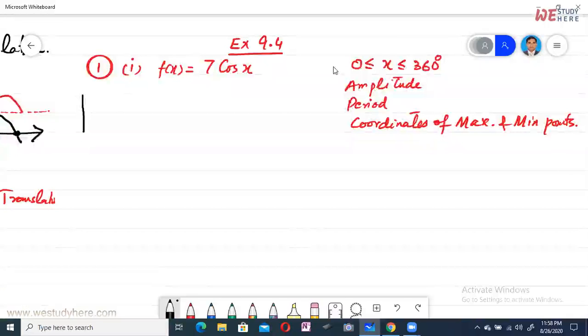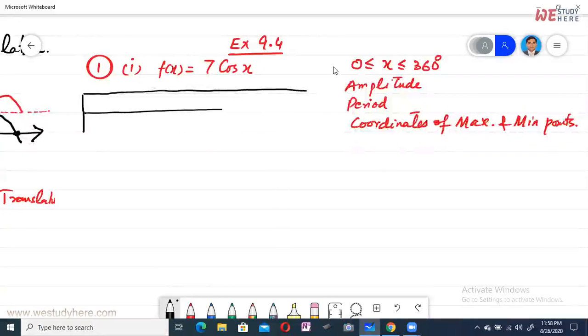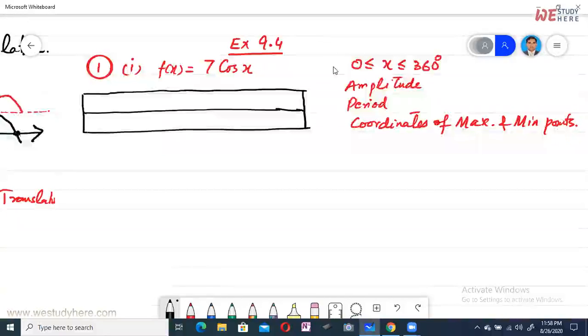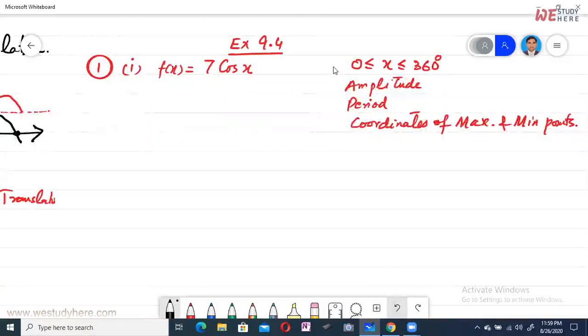To draw the graph, first of all, we would need a table, but here he's not asking for a graph. He's just asking us to find the amplitude, period, and coordinates of the maximum and minimum points.